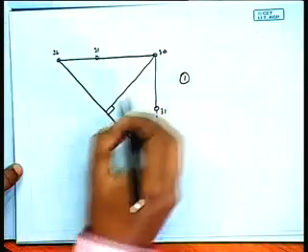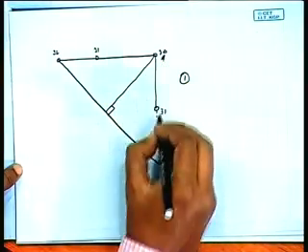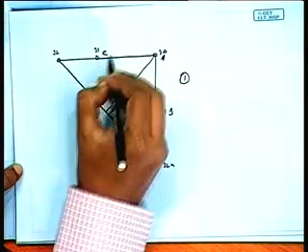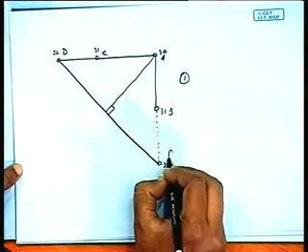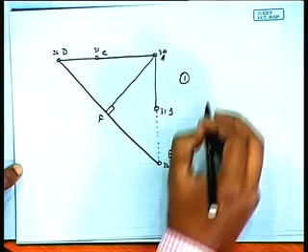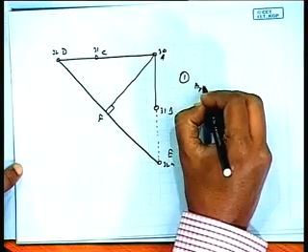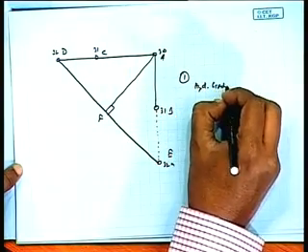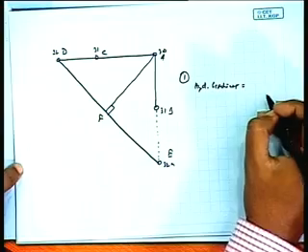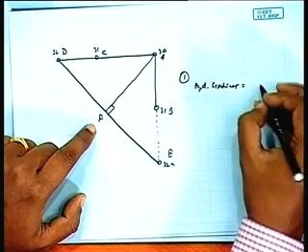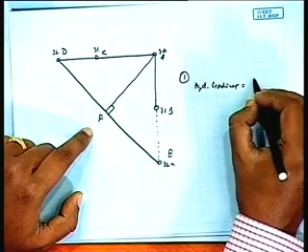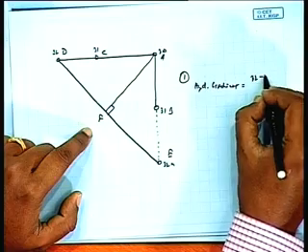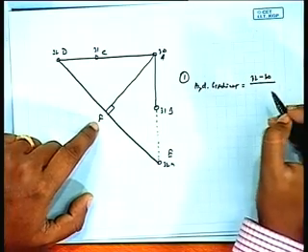Say here A, B, C, D, E, and F. So the hydraulic gradient is 32 minus 30 divided by AF, in meters per day on the time rate coefficient.